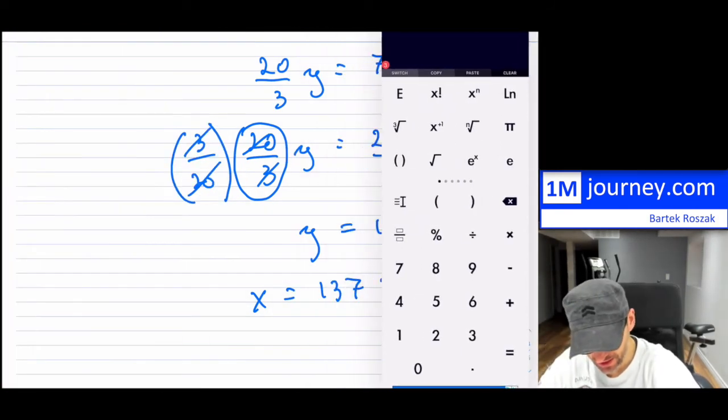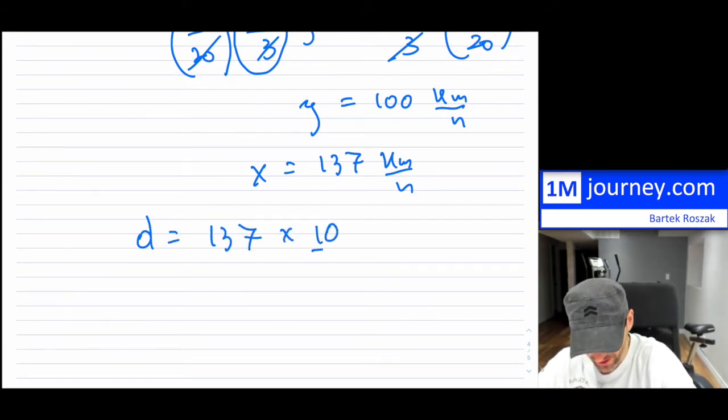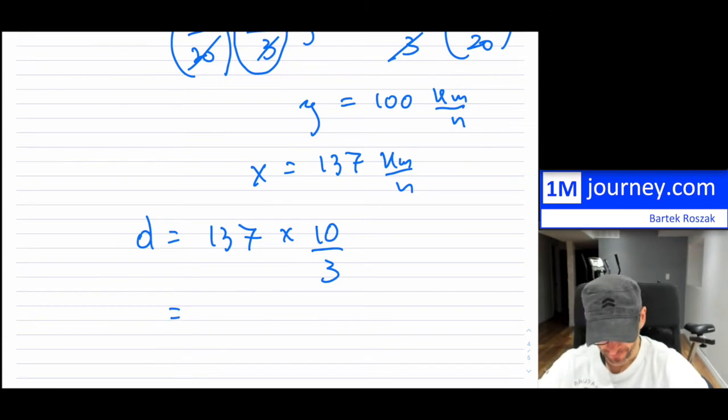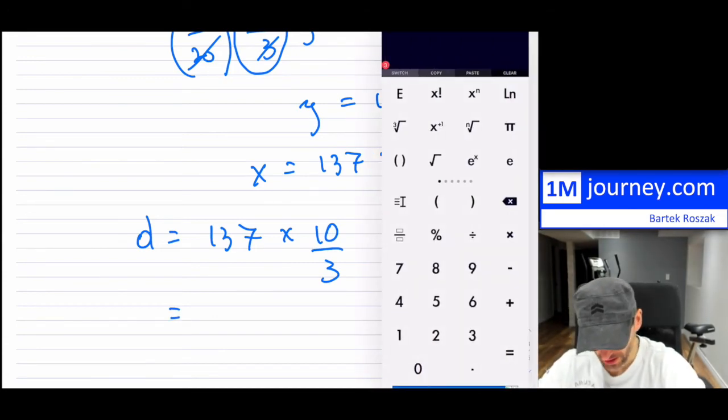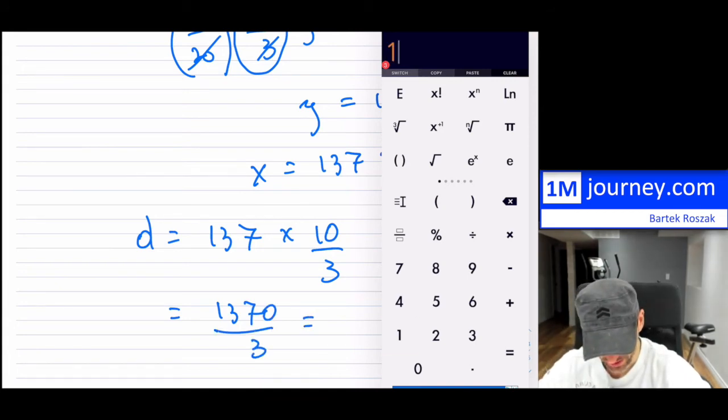So what's the distance? Well, her distance is equal to her speed multiplied by the time. If you want to leave it as a fraction, that's what it's going to be, but let's put that in there.